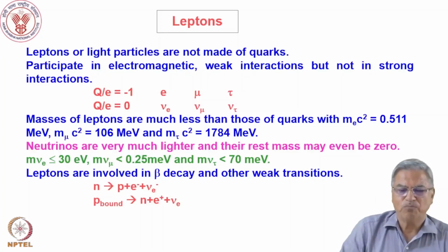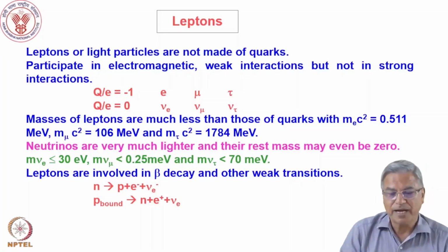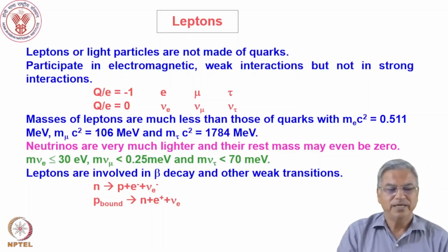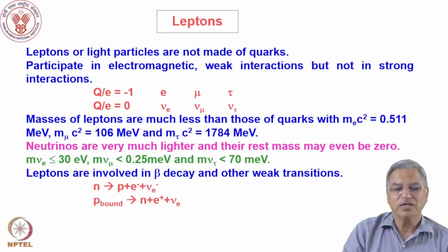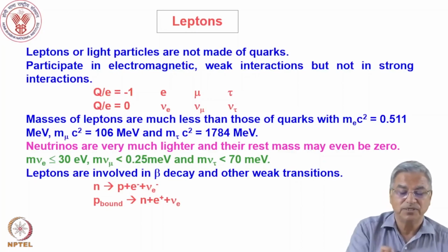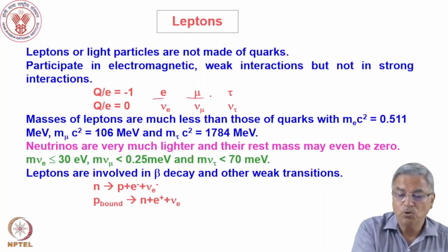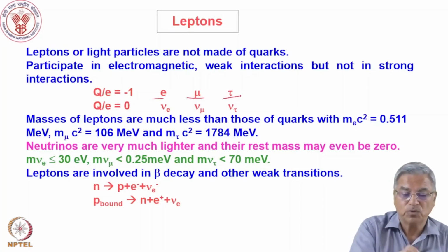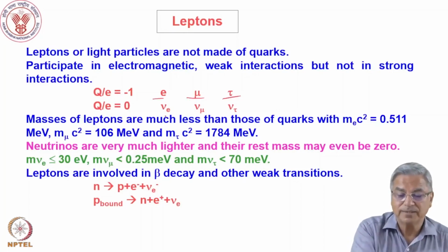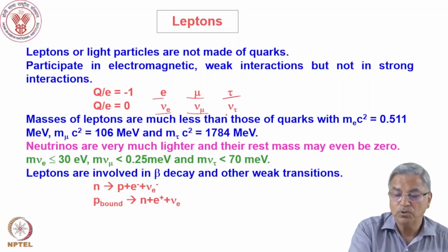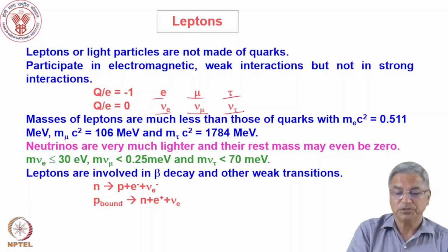Another type of particles are leptons, meaning light particles, and they are not made of quarks, and they participate in the weak interactions and not in the strong interactions. So these 6 leptons are electron, muon, tau, having -1 charge, and their corresponding neutrinos, electronic neutrino, muonic neutrino, tau neutrino, with 0 charge.